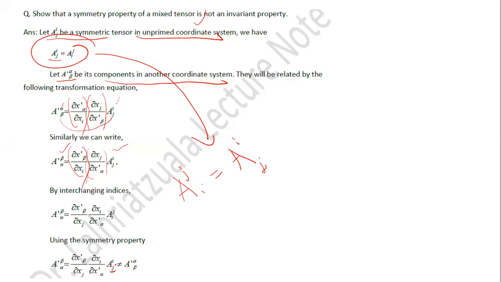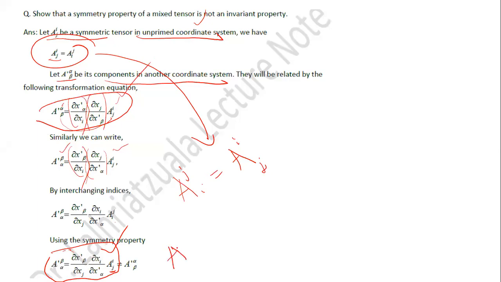Now if you look at this expression here with the expression for this, you find that xi here is in the numerator, here xi is in the denominator, or xj is in the numerator, xj is in the denominator here. So this expression and this expression are not identical.